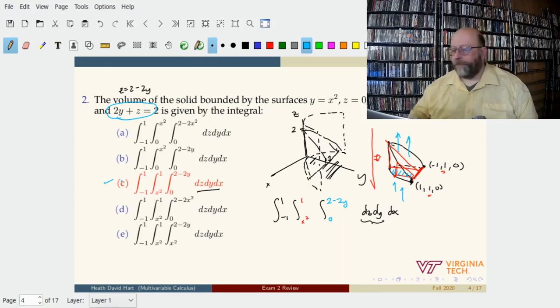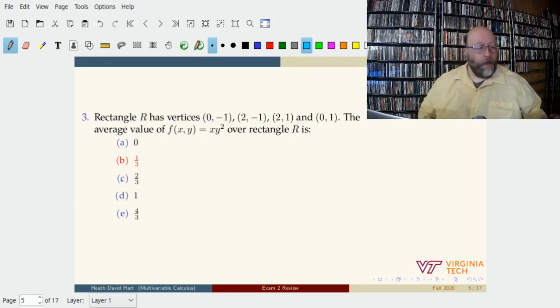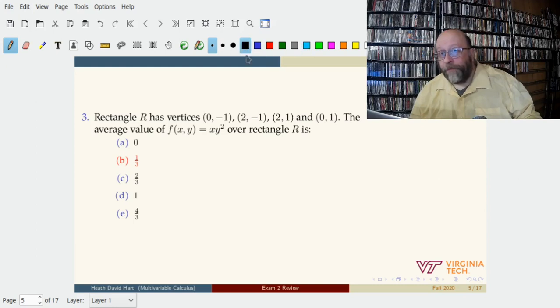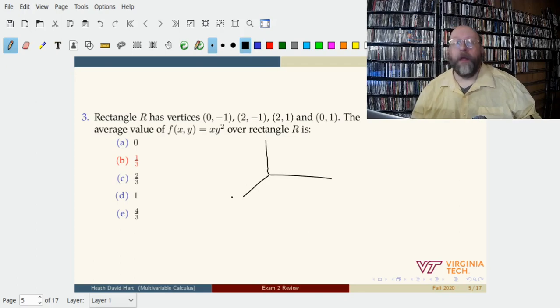All right. Let's keep going. We have a rectangle whose vertices are 0 and negative 1.